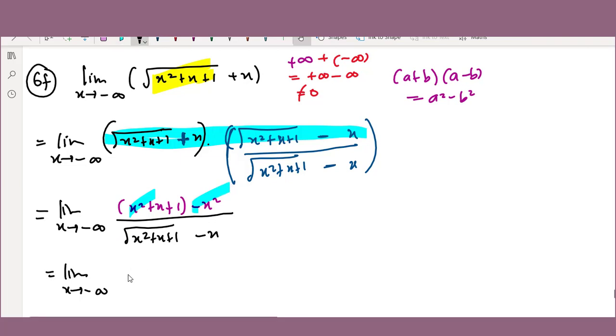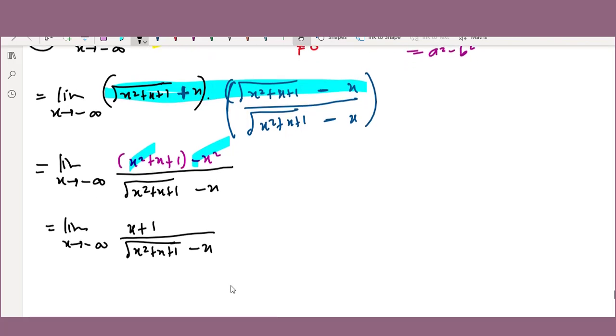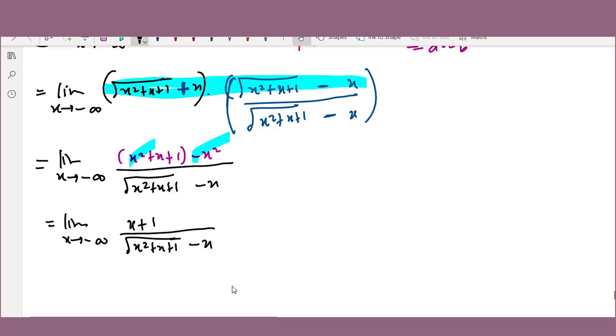The answer is x plus 1 over the square root of x squared plus x plus 1 minus x. Then substitute the value negative infinity. This is negative infinity on the numerator, over infinity minus negative, plus infinity positive. So infinity over infinity, also indeterminate form.